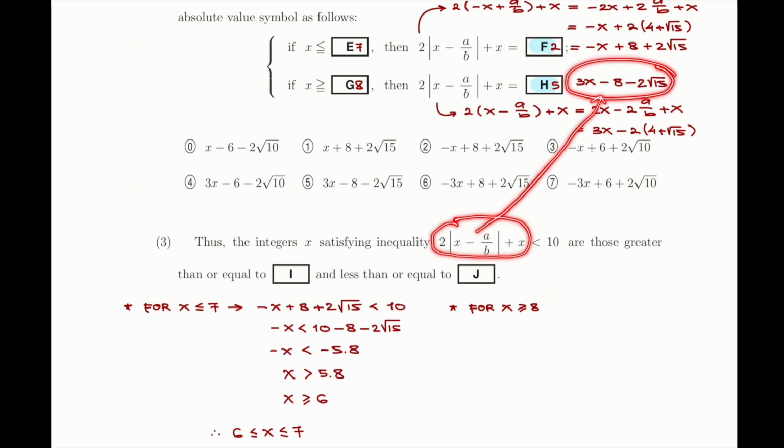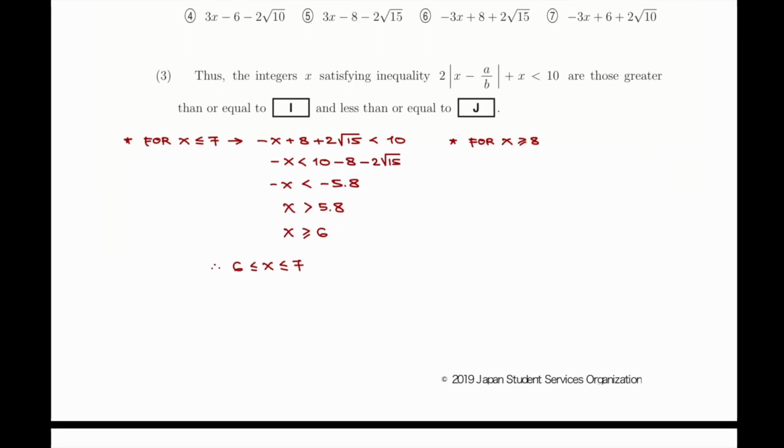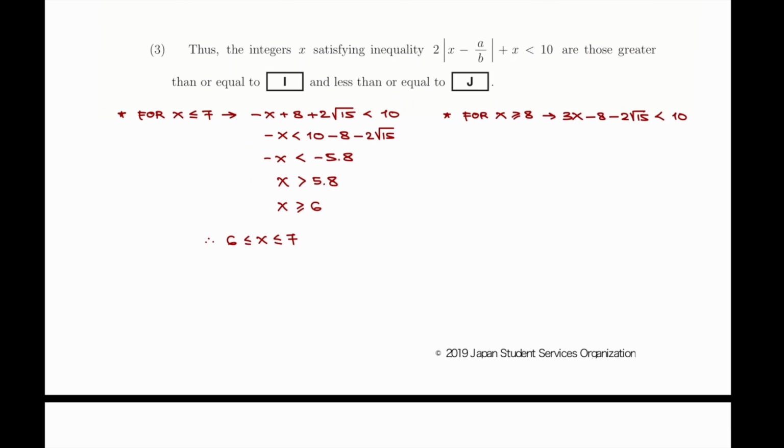So for the second case, I get 3x minus 8 minus 2 square root of 15 is less than 10. If you move all the constants to the right hand side, you will get 3x less than 10 plus 8, which is 18, plus 2 square root of 15.